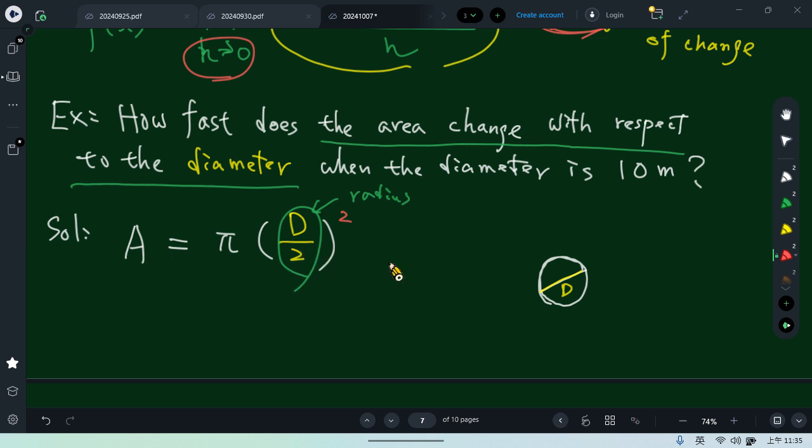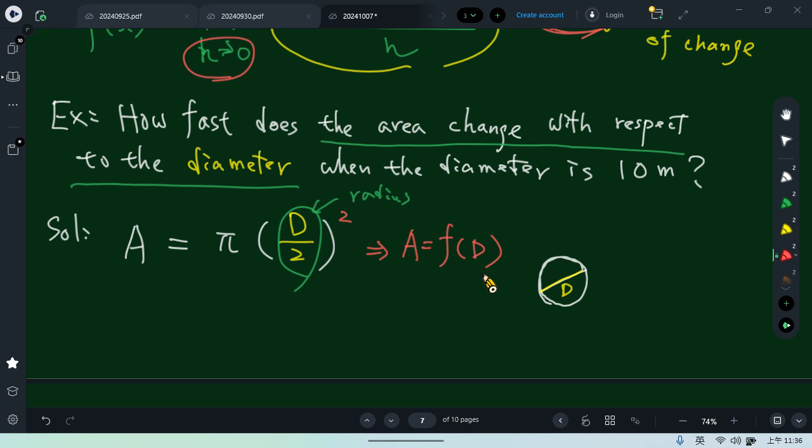So you can regard A as a function of D, right? Area will be determined by some function in terms of D. D here is the diameter. So you can regard D as an independent variable and A as a dependent variable, right? In the past, we illustrated a lot of examples where the function is determined by x or by t, normally t means time.